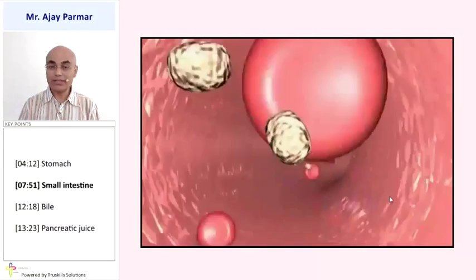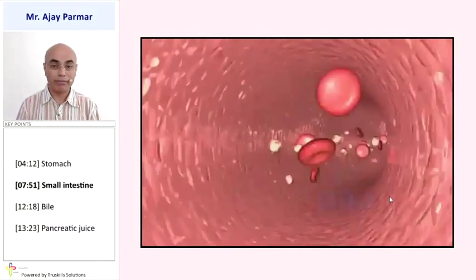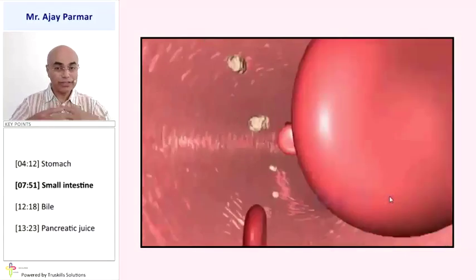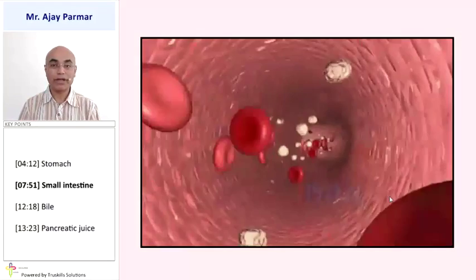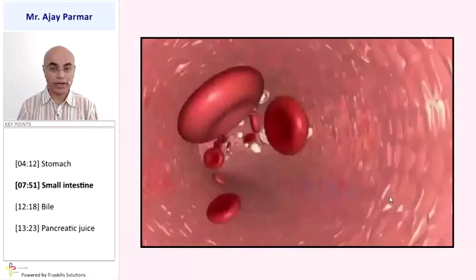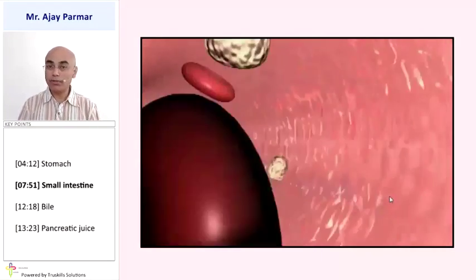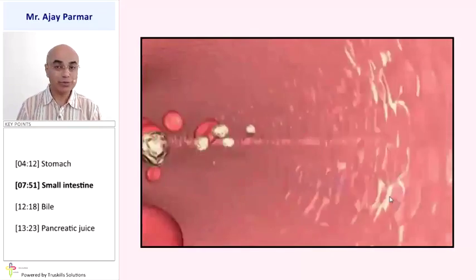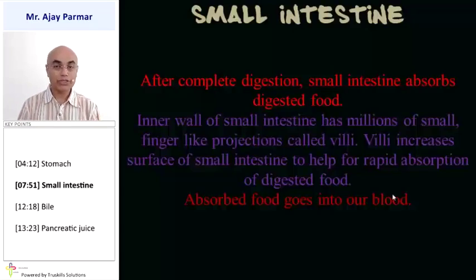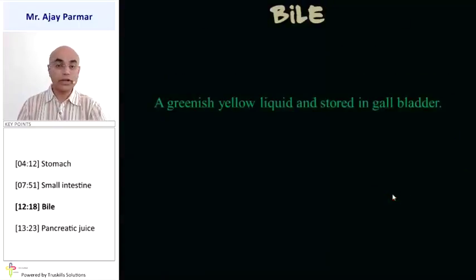The food particles come in contact with the blood, travel along with the blood, reach each and every cell and become an integral part of that cell. So the absorbed food is carried by the blood, having been absorbed by the villi present in the small intestine.